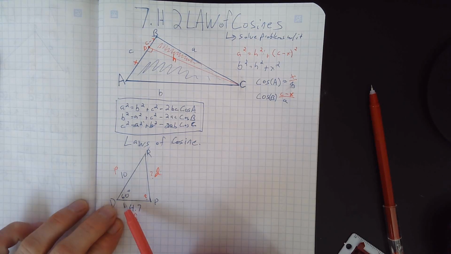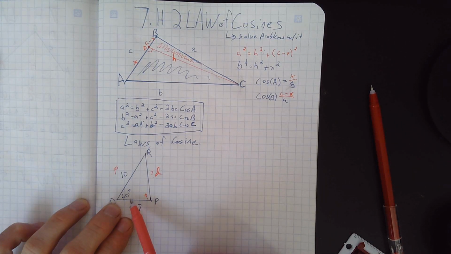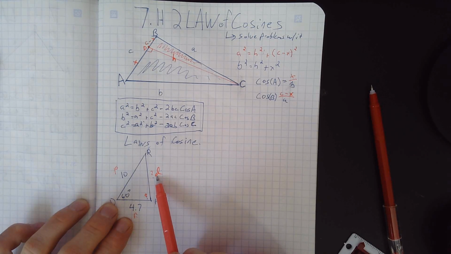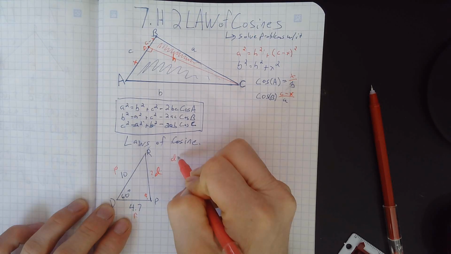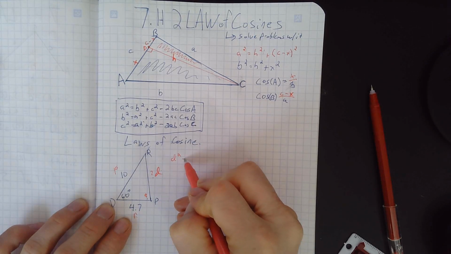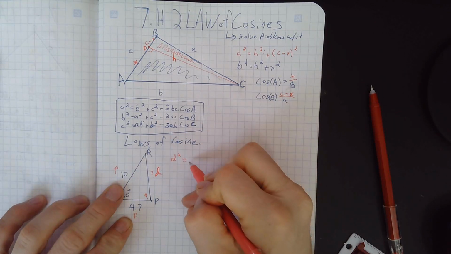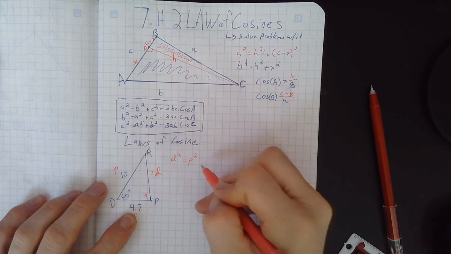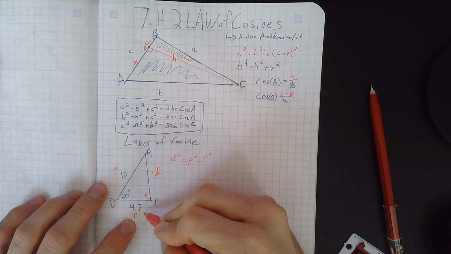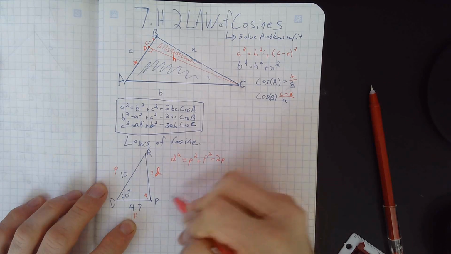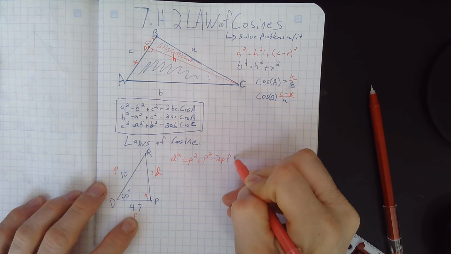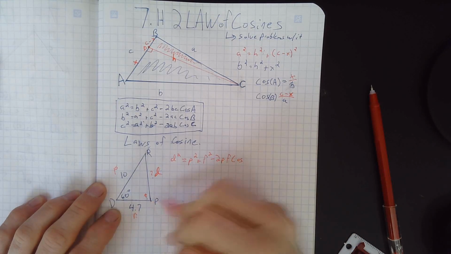I'll use the cosine of D. So I'll say that d squared equals p squared, because I know p, plus f squared, because I know f, minus 2 times p, because I know p, and f, because I know f, times the cosine of d.